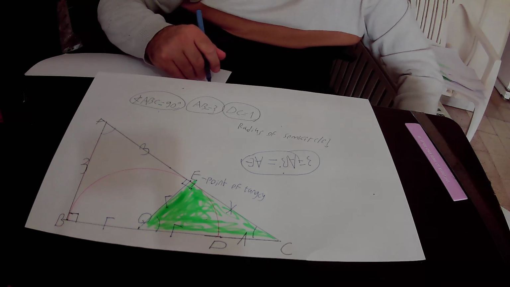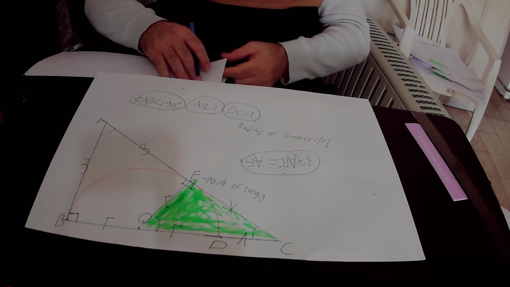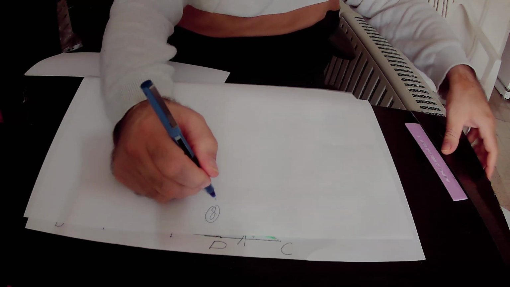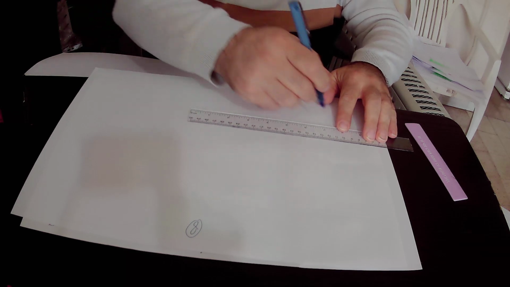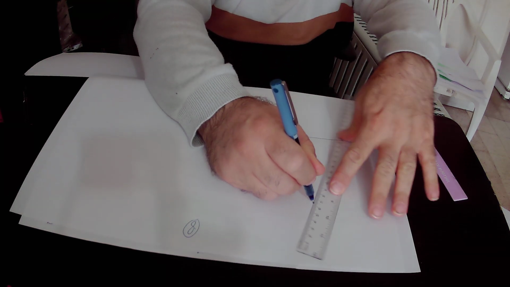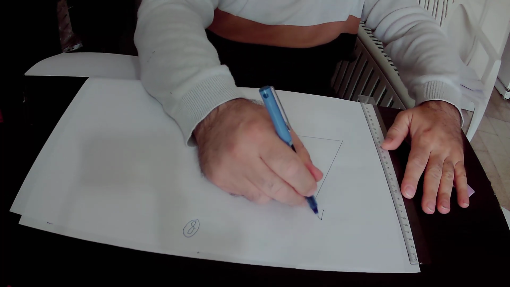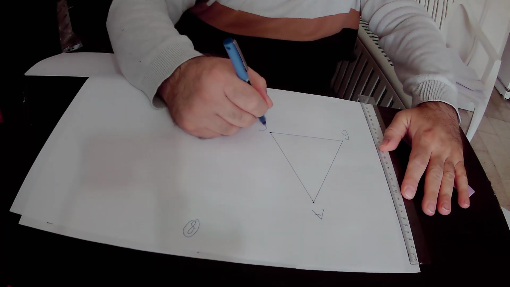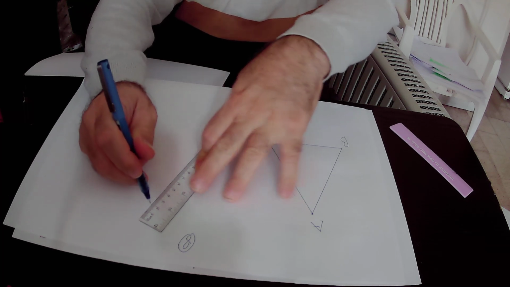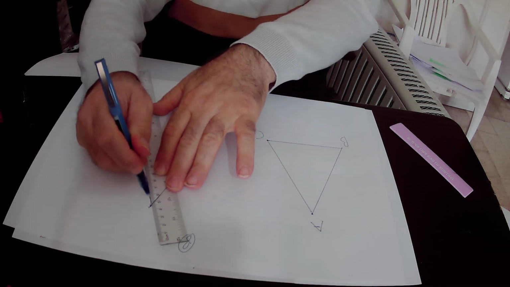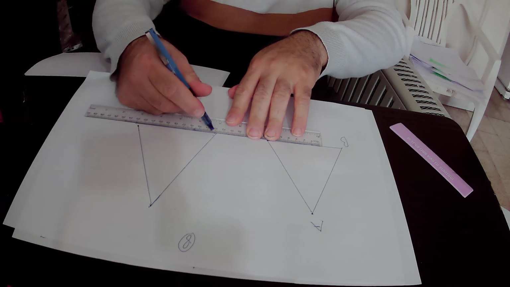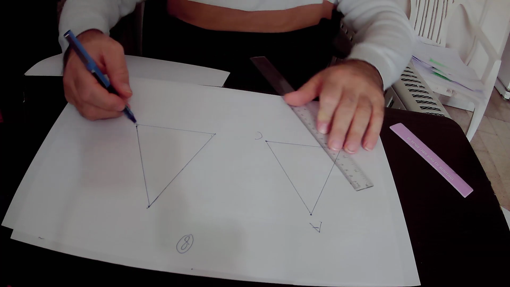The meaning of the third angle theorem is that if you have two triangles, triangle ABC, so this is triangle ABC, and we also have a second triangle, triangle DEF. This is triangle DEF.